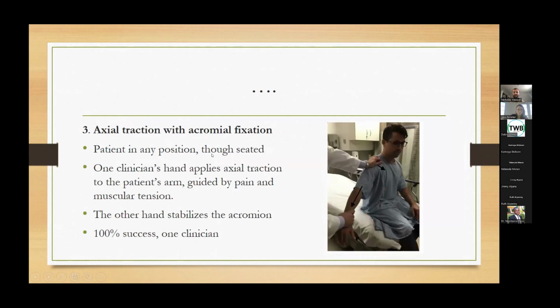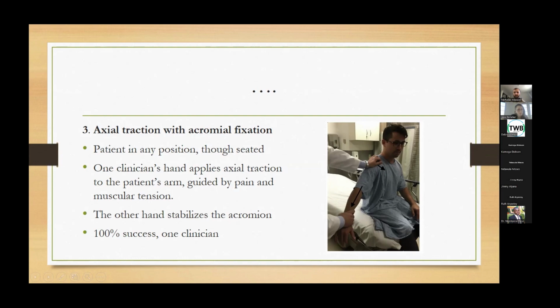So there's another technique, which is the axial traction with acromial fixation. I chose this also because it's easy and it's almost always effective as well. And it can be implemented by a single clinician. So what you're basically doing, you're holding the affected hand at the wrist, and you're tracting it away from the trunk, as you can see with this first force.